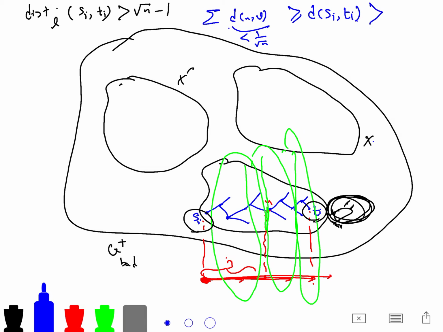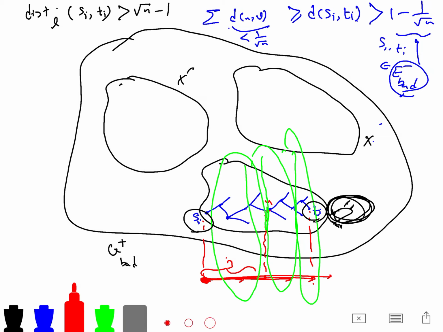And then by definition, you know that this is greater than 1 minus 1 over n, because Si and Ti is inside E minus bad, and in that place, you have such a distance.